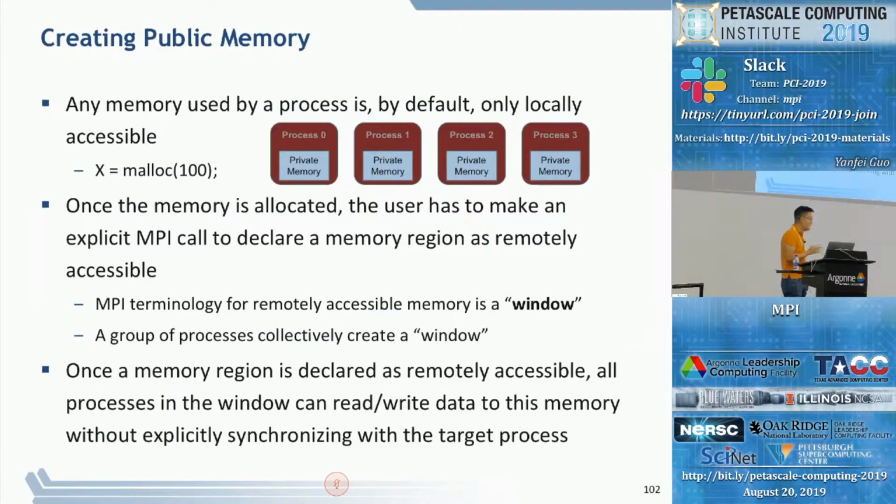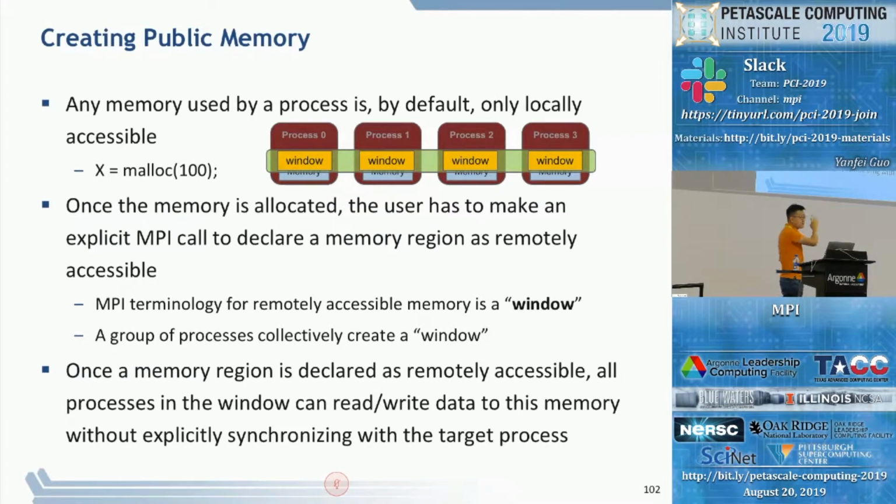So first is how we can create public memory. As a process, you can just allocate regular memory using malloc, and that memory will be private. Once that memory is allocated, we can create what we call a window, which for each process is that yellow region that you're going to expose to others. In MPI RMA we call it a window.